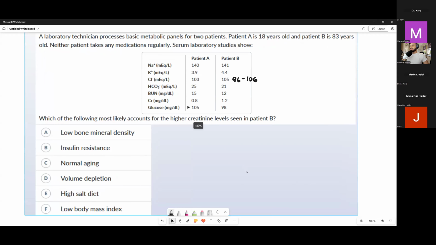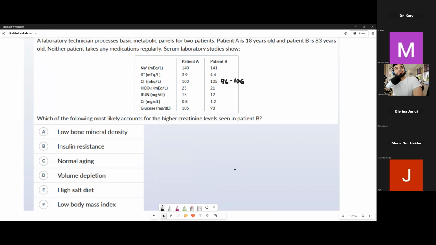Okay, so patient B is the 83-year-old, right? I'll say normal aging. That's what I think. Low bone mineral density, I don't think so. Insulin resistance, his glucose level is okay, it's still within normal range.